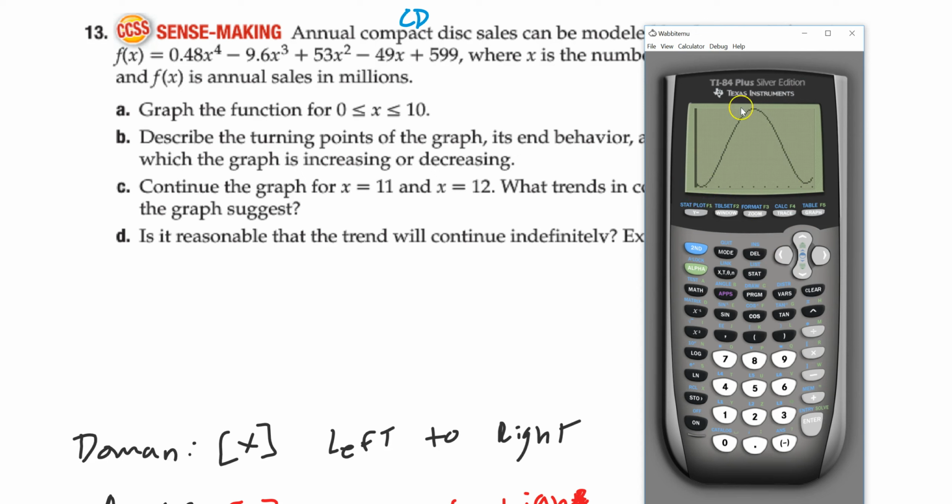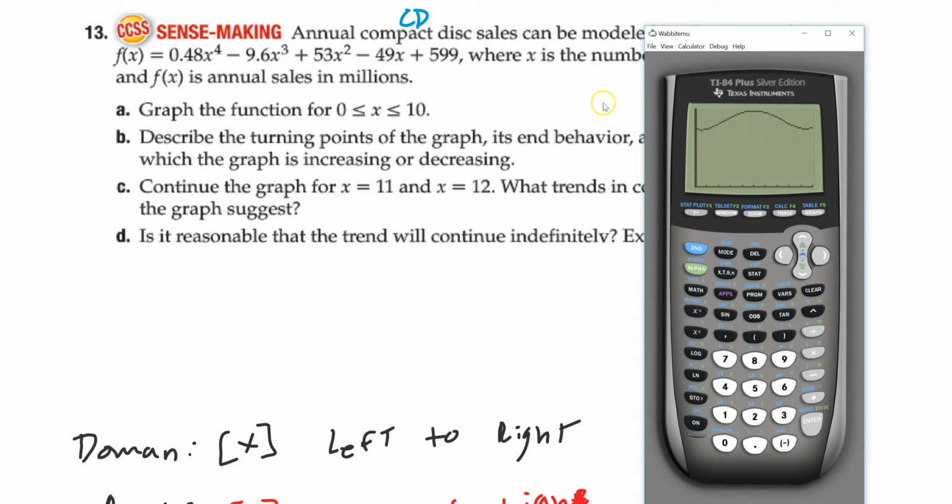It still works. The values are just really high up there. If you look at the window, look at your Y. It's going all the way to like 800. Let's go 0 to like 800 so you can see the scale a little better. The sales are all the way up there. That's why I couldn't see anything.